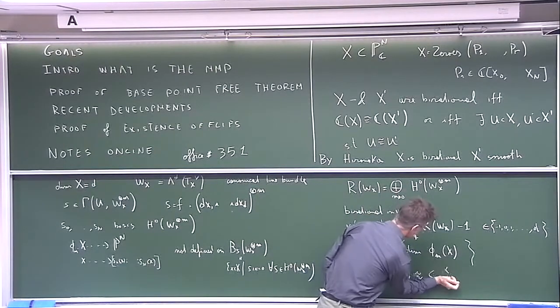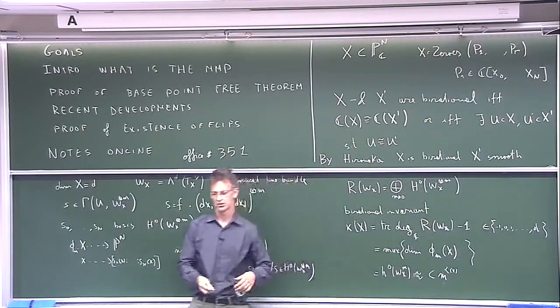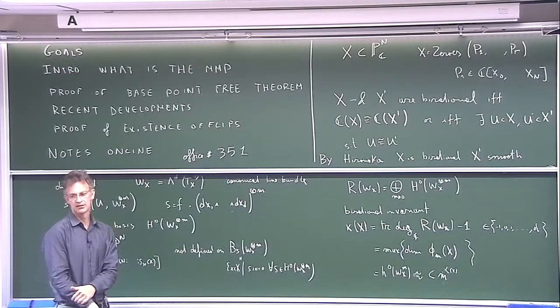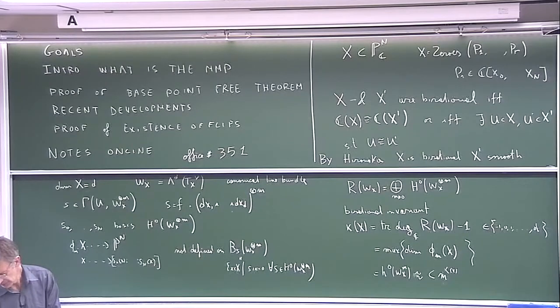So then this will be an m to the power quadratic dimension of x. Okay? If you think of the corresponding Hilbert polynomial, it's just the degree of that Hilbert polynomial. Okay, so that's what the canonical ring is, and it's going to play a very important role in what follows. Any questions so far?